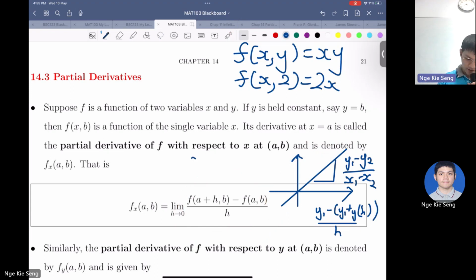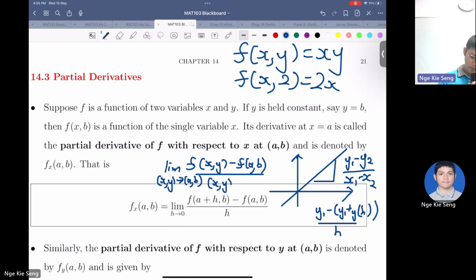For example, I can phrase this limit as (x,y) going to (a,b) of f(x,y) minus f(a,b) over the length of (x,y) minus (a,b). Maybe we need to take the length function here. So these are two equivalent versions, similar to what we did in the one variable case. You should familiarize yourself with these two definitions.